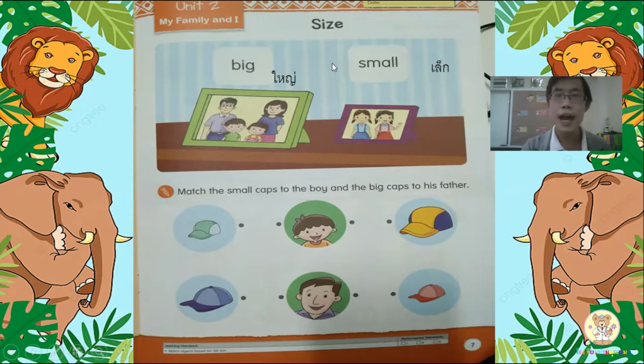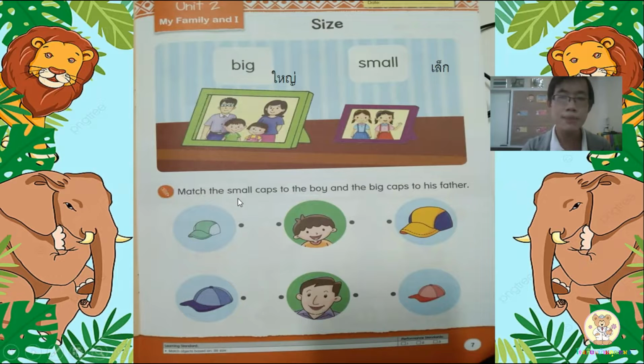I also have written the Thai translation beside this word, so you can understand what small means. Today we have two new words, big and small. After you know the difference between big and small, we're going to move to the next exercise.